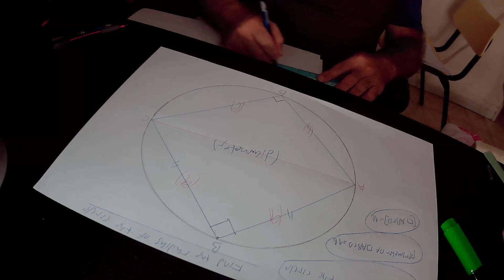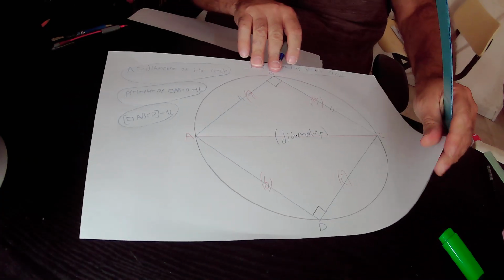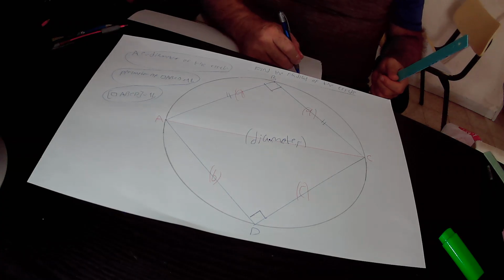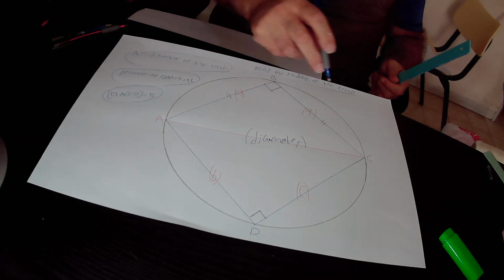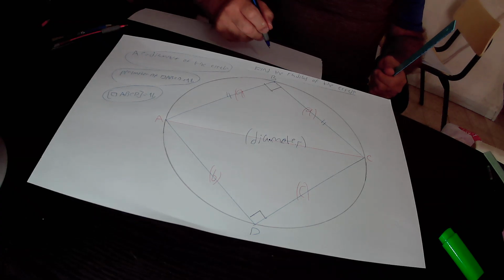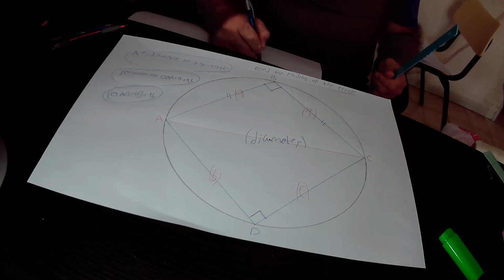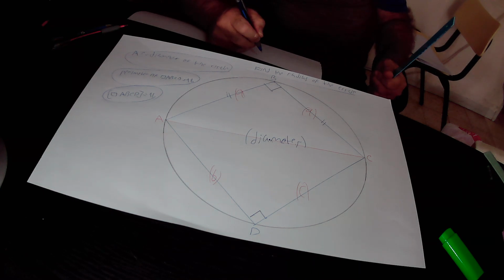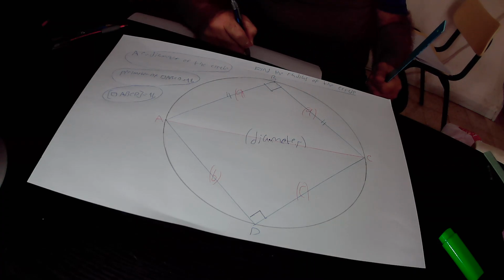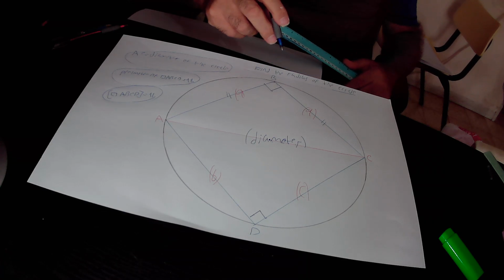Likewise, we'll implement the Pythagoras theorem on this right triangle ADC. According to the Pythagoras theorem, in this right triangle ADC, AC squared, that is the square of the hypotenuse, will be equal to AD squared plus DC squared.